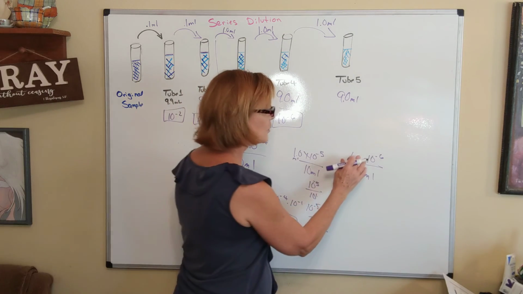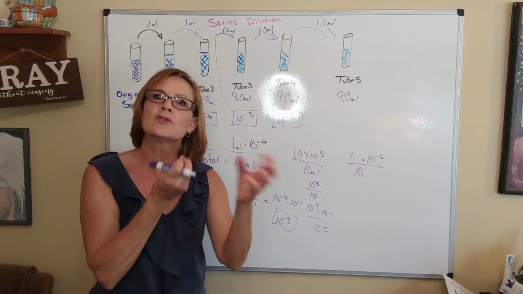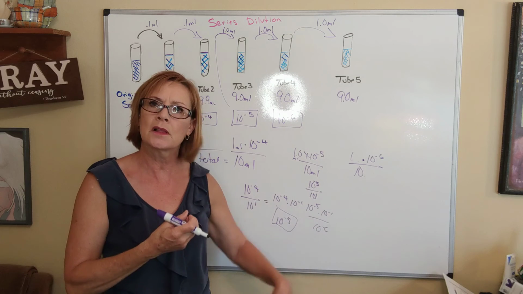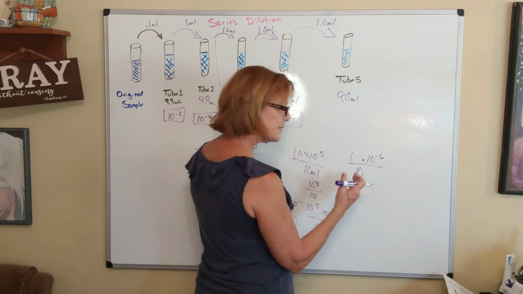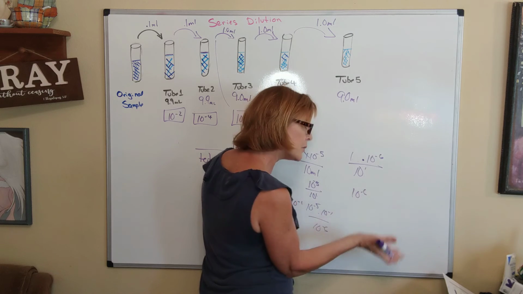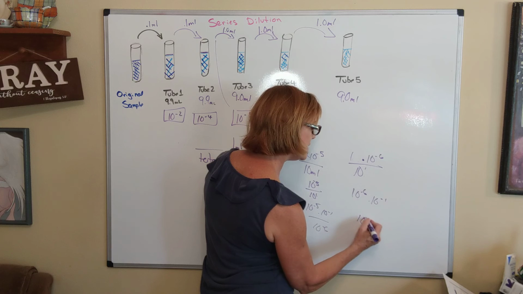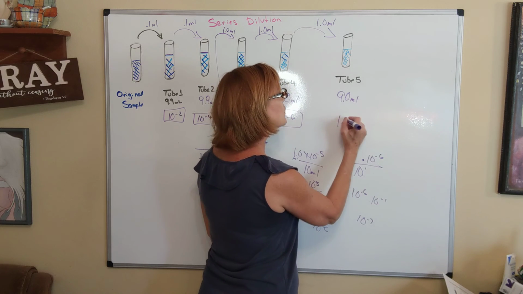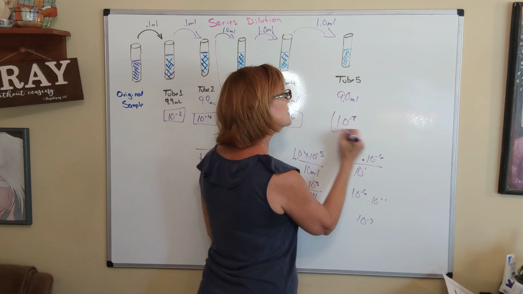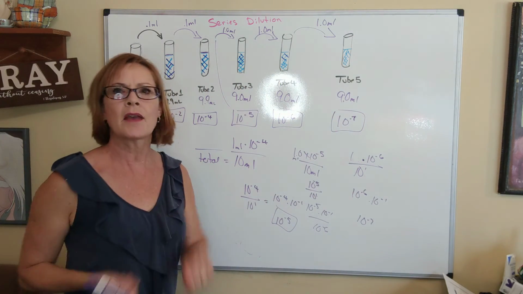When they talk about proportions, you're comparing the same thing to the same thing, so this is milliliter to milliliter. So we have 10 to the negative 6 over 10 to the 1. Bring the 10 to the 1 upstairs: 10 to the negative 1. This is 10 to the negative 7. So if you were wondering how they get these little diluent factors, or how that works for these test tubes, that's the math behind that.